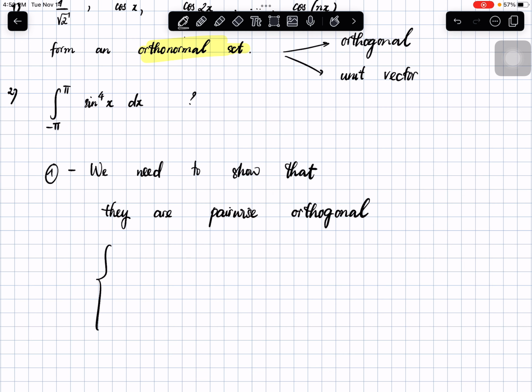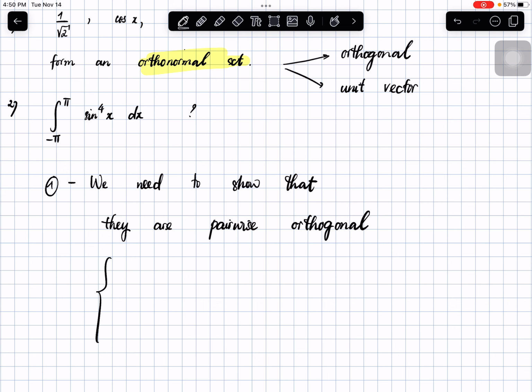So this means that we need to show 1/√2 is orthogonal to cos kx for k from 1 to n.